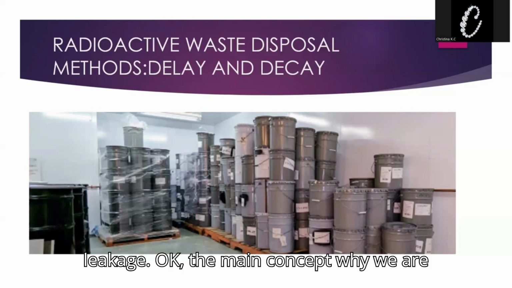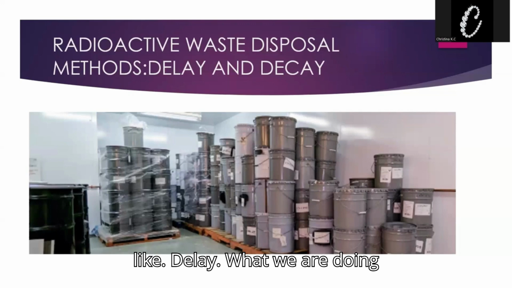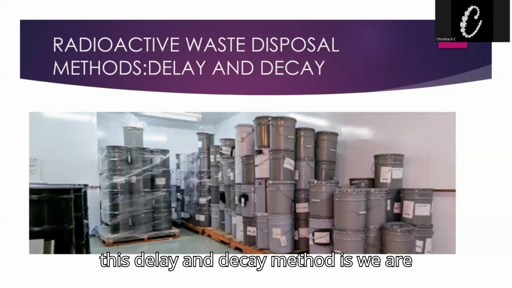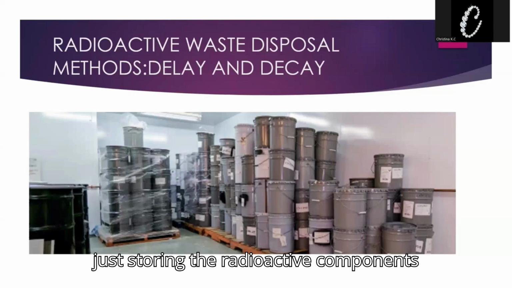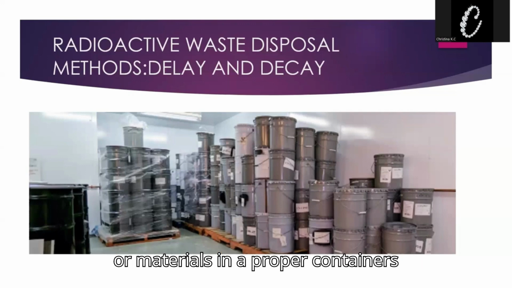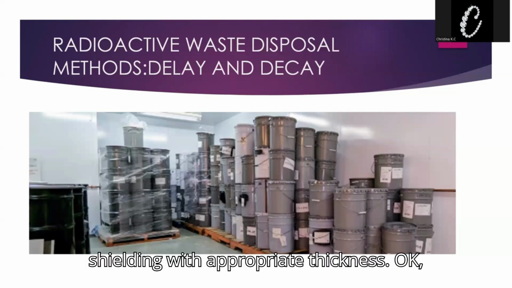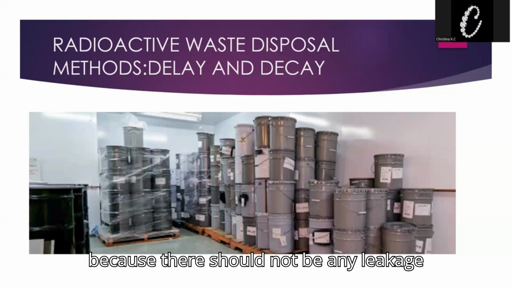The main concept of the delay and decay method is that we store the radioactive materials in proper containers with good lead shielding of appropriate thickness, because there should not be any leakage.